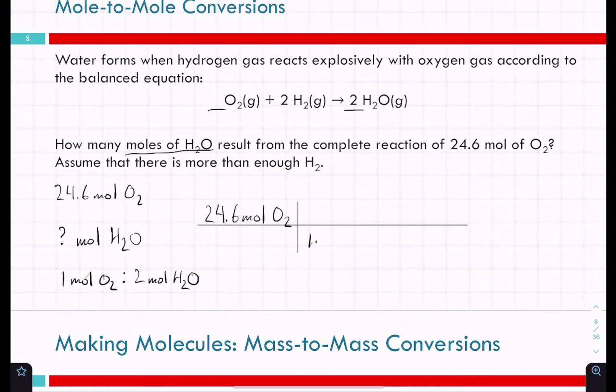So if I add 1 mole O2 to the denominator and 2 moles of H2O to the numerator, then moles of oxygen will cancel, leaving us with moles of water. And so we're going to get 24.6 times 2, or 49.2 moles of water. It's a lot of water.